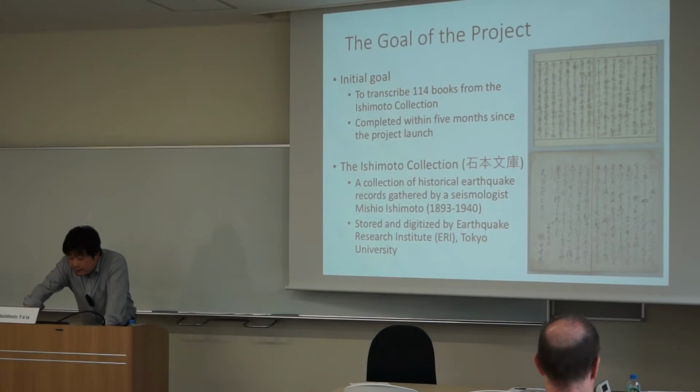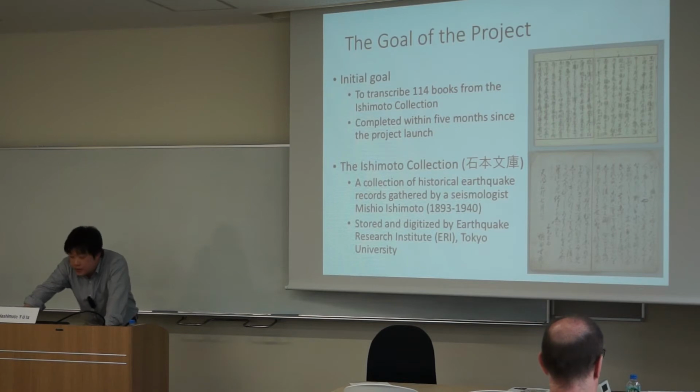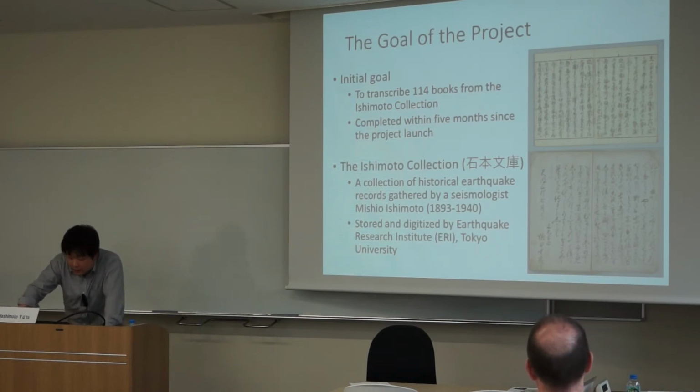We have set the first goal of our project, Minna de Honkoku, to transcribe all the 114 books from the Hashimoto collection, which is composed of historical earthquake records collected by a seismologist, Michio Hashimoto, and digitized by the Earthquake Research Institute, ERI, at the University of Tokyo.